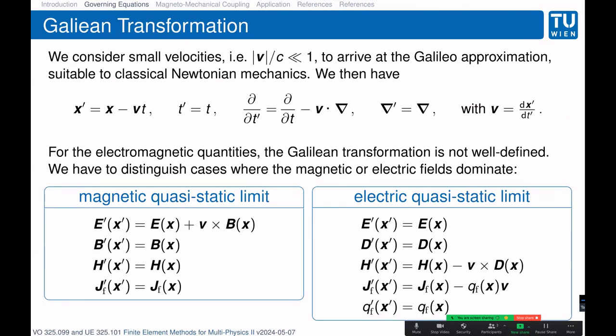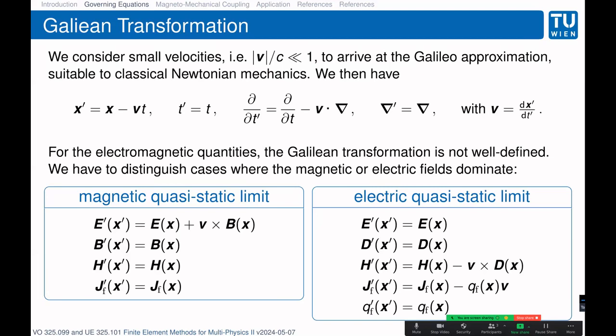For lower speeds, the Galilean transformation is typically all we need, but also here we have a few quantities that do transform, and one of them is the electric field. This is the effect we've seen already with this moving conductor problem.